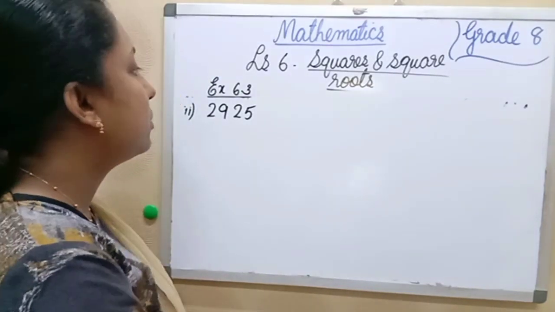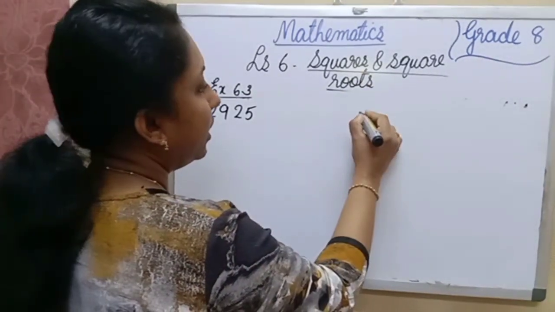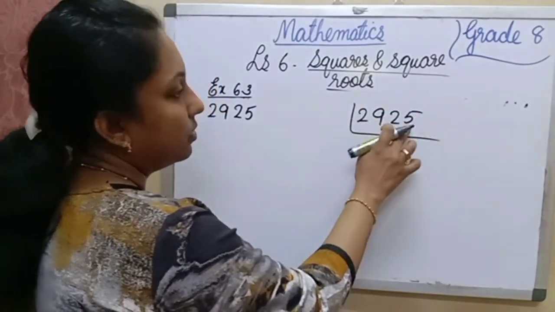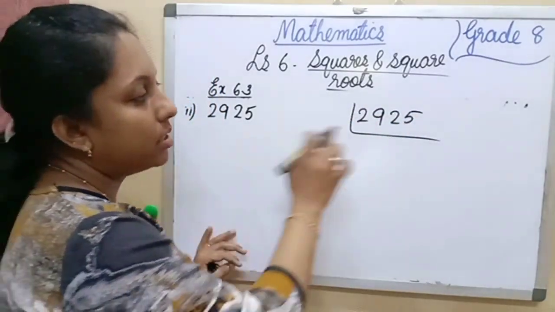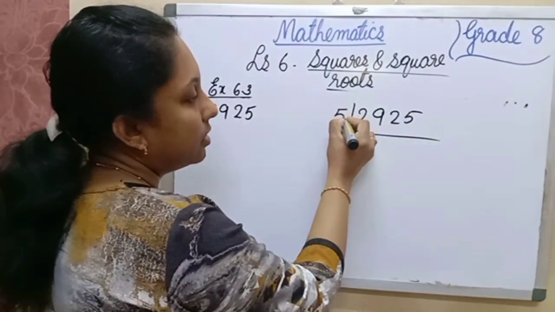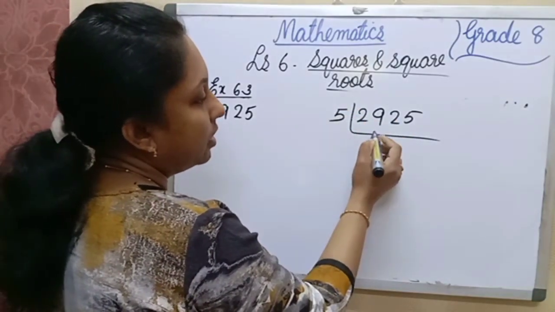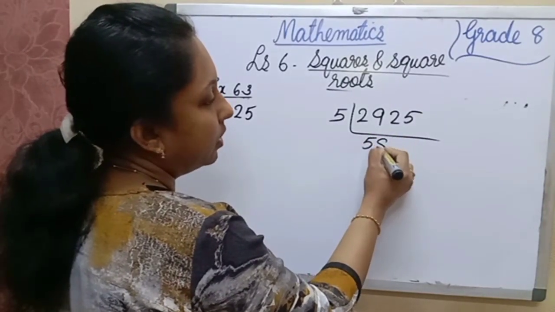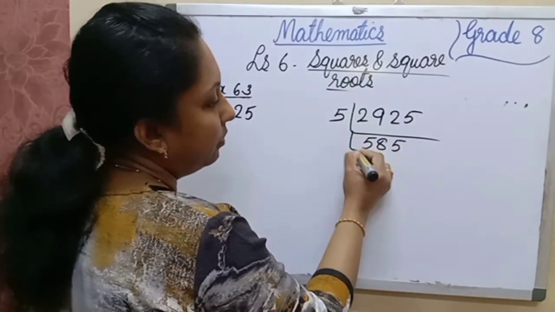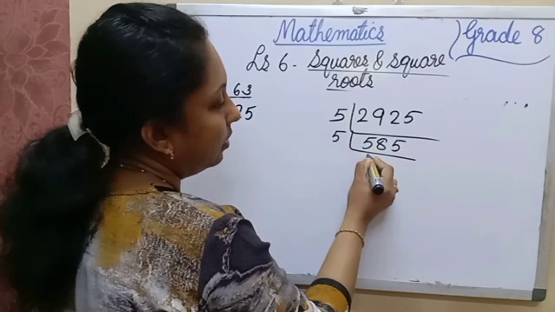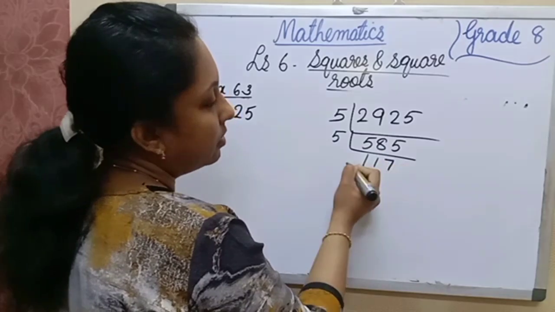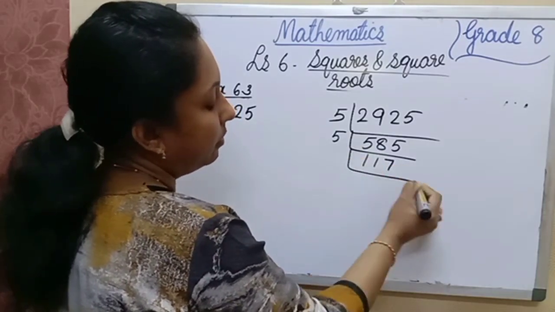2925. So first you have to find the factors of this number. The ones place is 5, so we can start with 5. 5 fives are 25, 8 fives are 40, 5 fives are 25, again 5 fives are 25, 7 fives are 35.